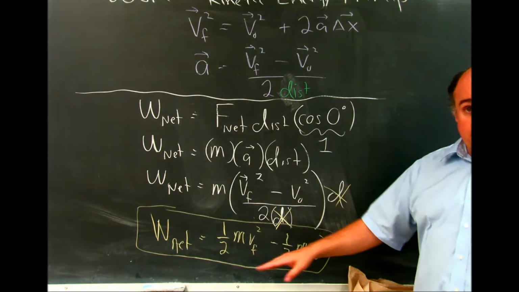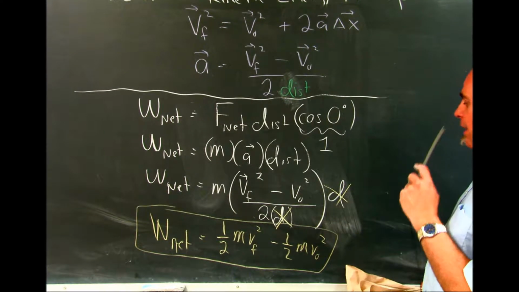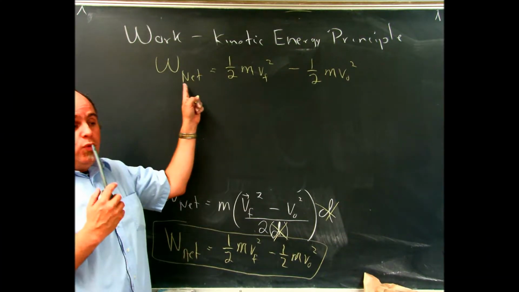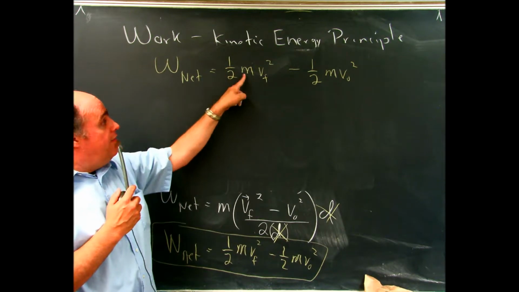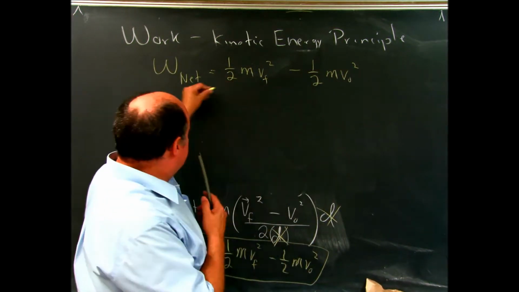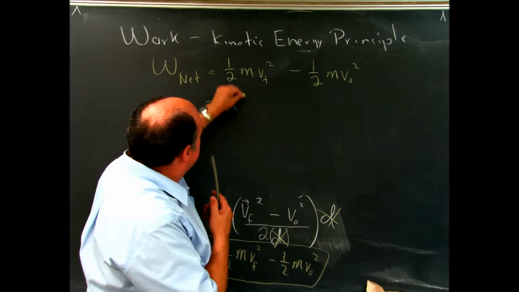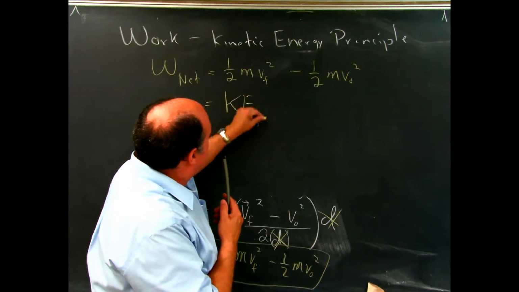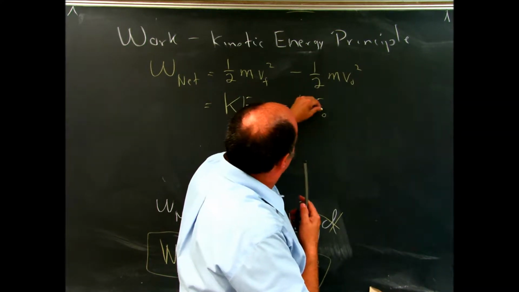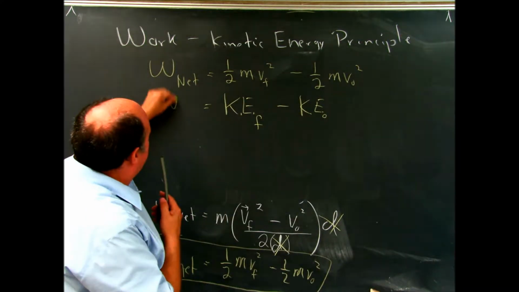I've run out of room down here, so I'm just going to go back up and rewrite that line. So we have the net work equals 1/2 m V final squared minus 1/2 m V initial squared, and this is called the kinetic energy final, and minus, this is called the kinetic energy initial, and this equals net work.